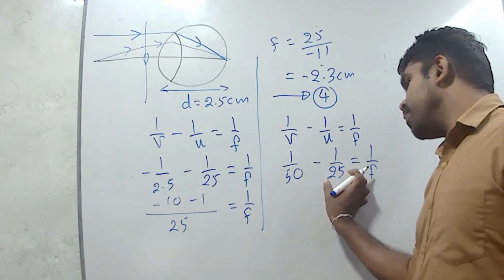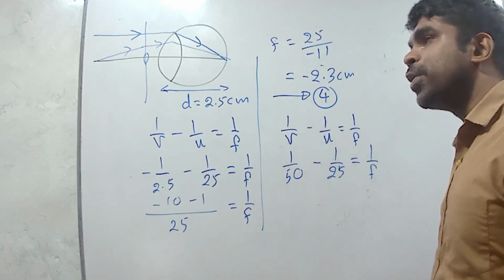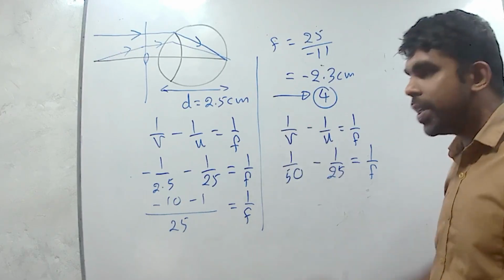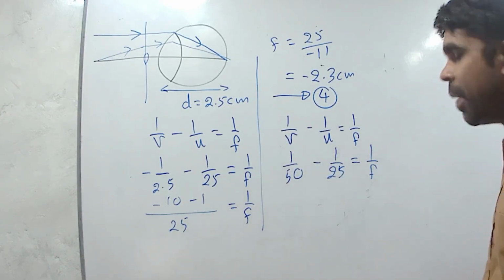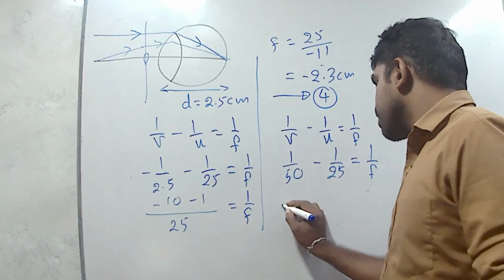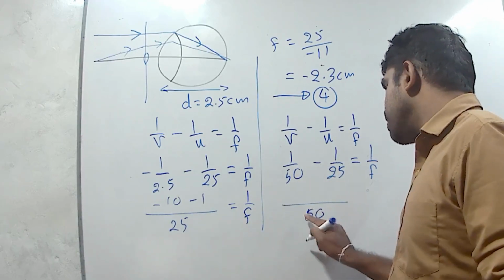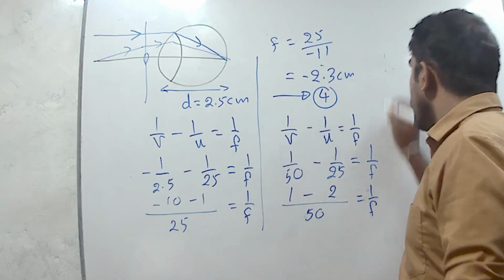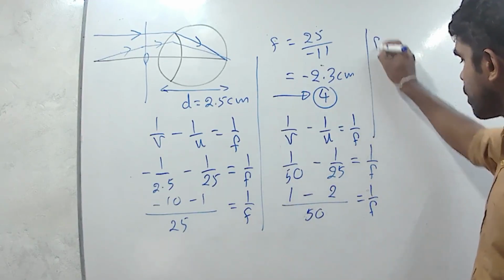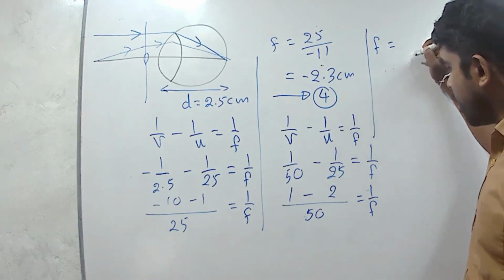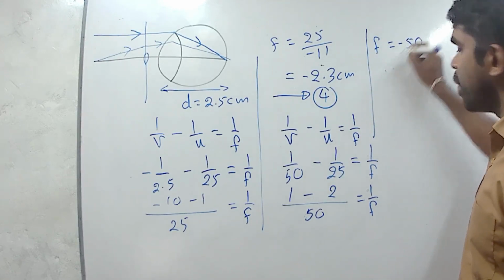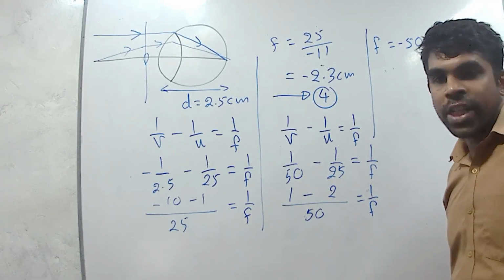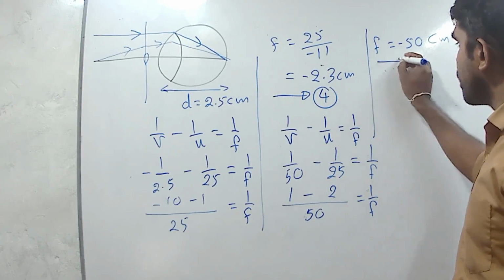Then he can see the object at 25 centimeters because an image is formed at 50 centimeters. Then LCM 50, 1 minus 2. Focal length should be 50 divided by minus 1, which means minus 50 centimeters. Minus means converging lens of focal length 50. Then the answer is 2.